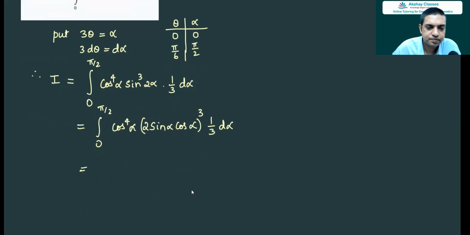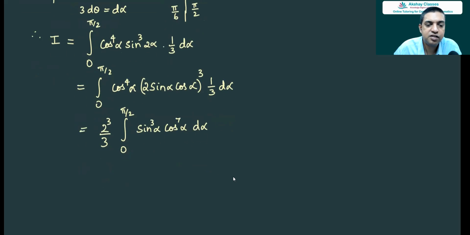So what do we get? 2 cube comes out. 2 cube by 3 comes out. Then we have 0 to pi by 2 sine cube alpha and cos to the power 7 alpha.